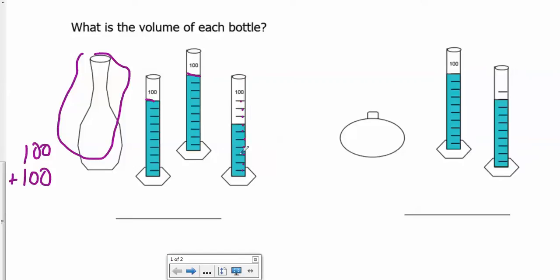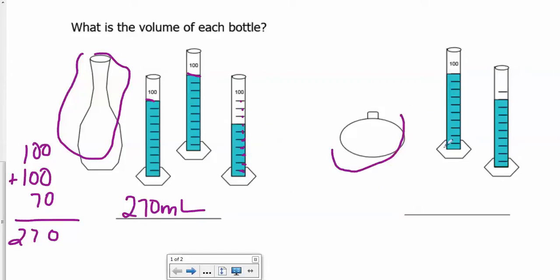So each little line is worth 10 milliliters. So 10, 20, 30, 40, 50, 60, 70. So now I need to come over here. I have to make sure that I remember to add them all together, not just that one. So I end up with 270 milliliters.